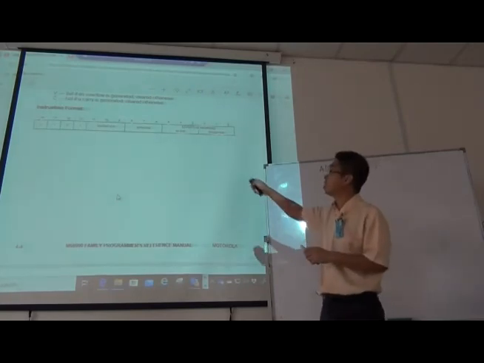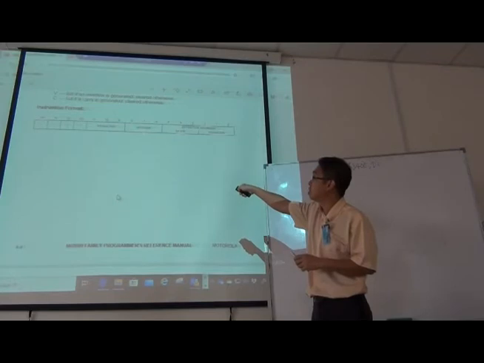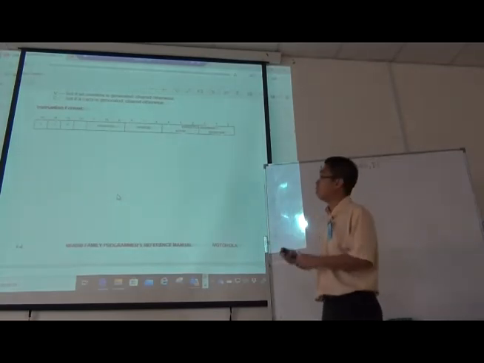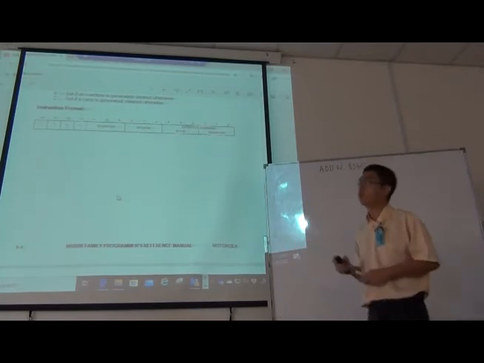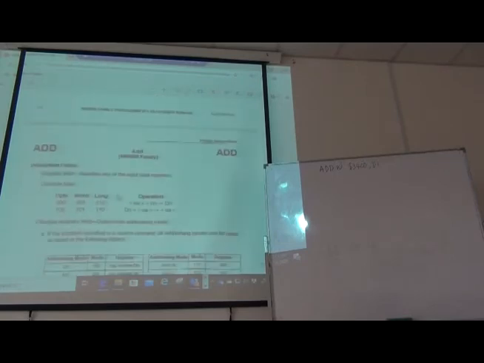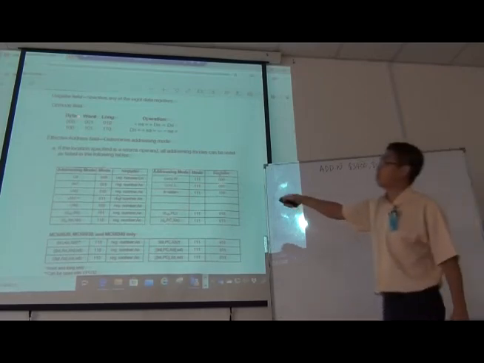Okay, the next one is the register, and then you have the opmode, and then over here you have the effective address, for mode and the register. So what you need to put in is based on the datasheet. Look at the datasheet again. The first one is the op mode.